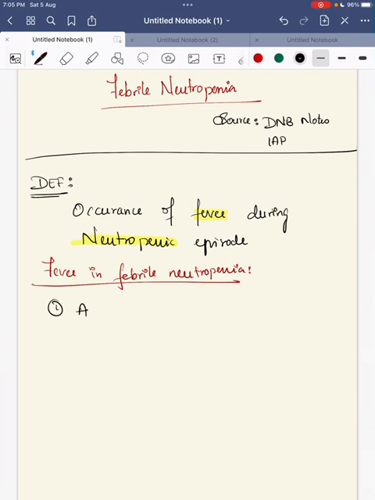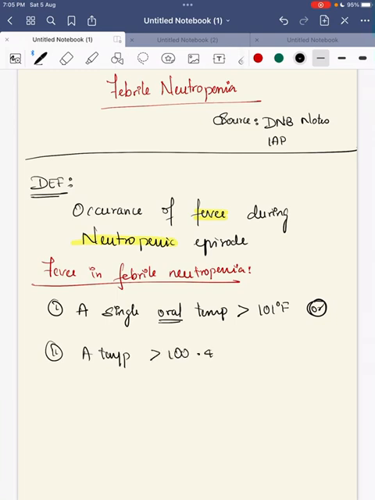It is nothing but a single oral temperature of more than 101 degree Fahrenheit, or it can be a temperature of more than 100.4 degree Fahrenheit on two separate occasions, which is separated by about 1 hour.